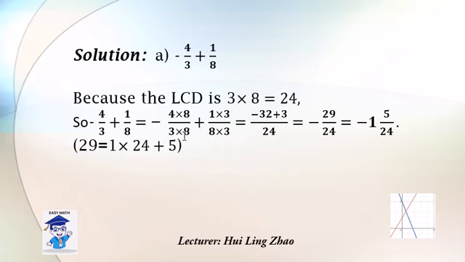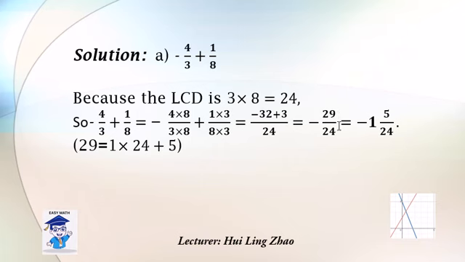Under the same denominator 24, the numerator is negative 4 times 8 is negative 32, plus 3, right? So it is equal to negative 29 over 24, because negative 32 plus 3 is negative 29.